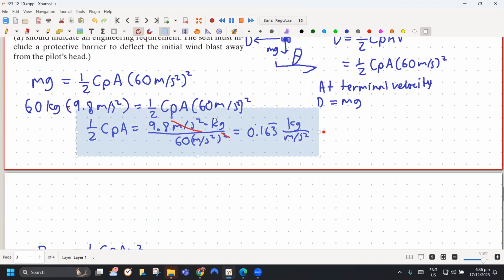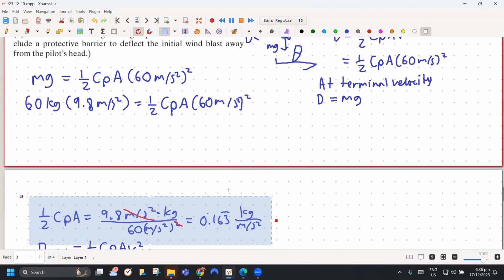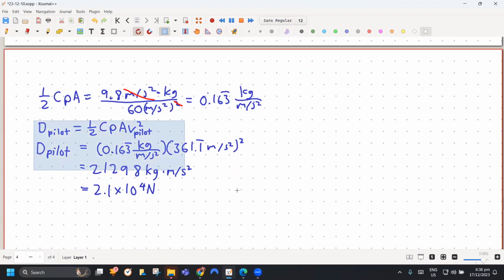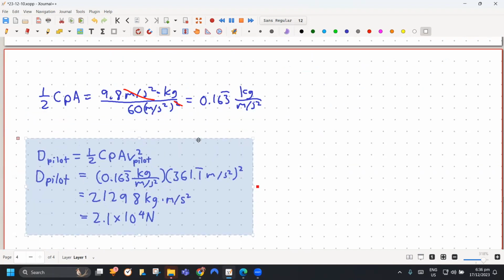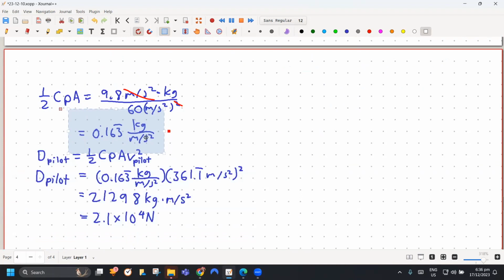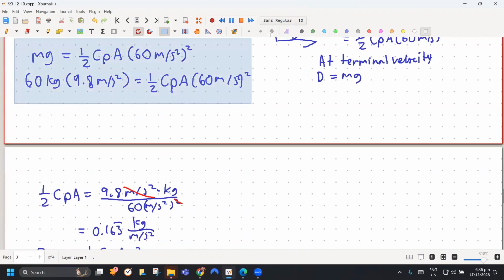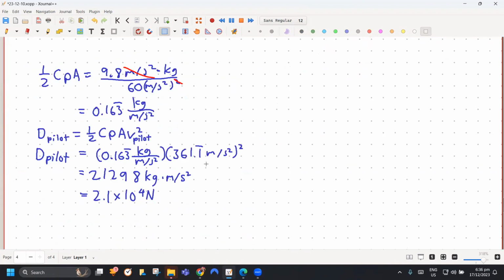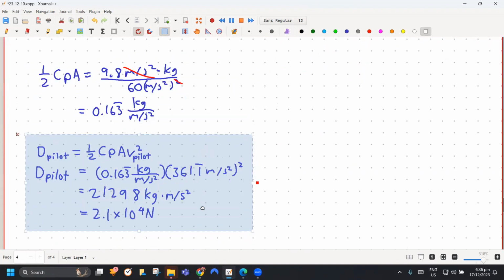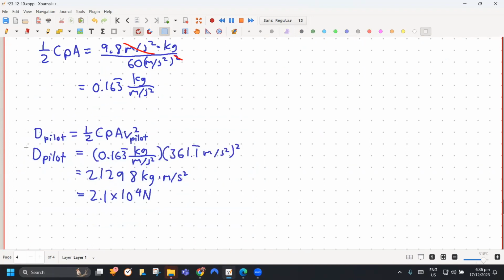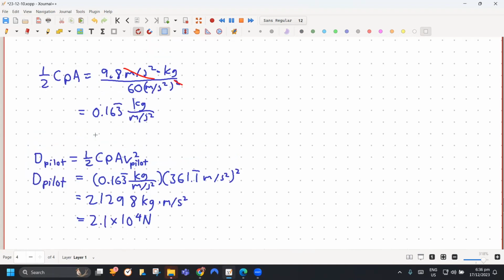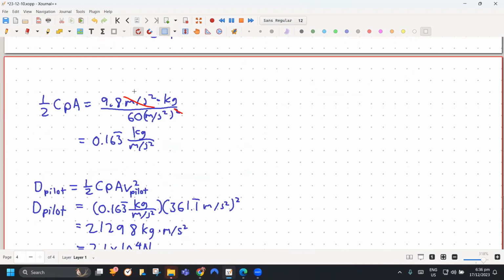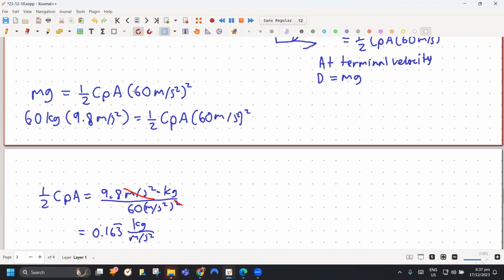Move it down more, because of the analysis we did here. You need text explaining the transition from that to the drag on the pilot. And in your calculation of 1/2 C rho A, what did you assume?